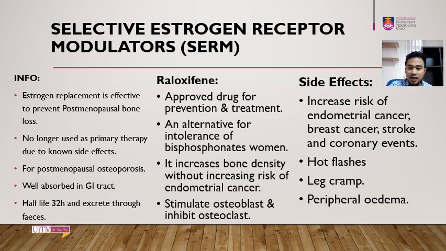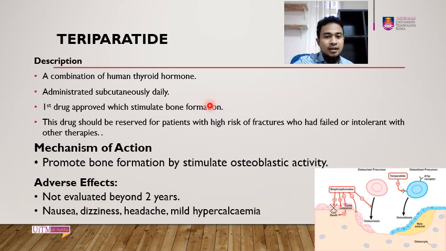This is the other one, and let's go to the third method, which is teriparatide. This is quite interesting in my opinion because it's a form of human parathyroid hormone. It is administered on a continuous daily basis. It is the first drug approved which stimulates bone formation, which is very nice.